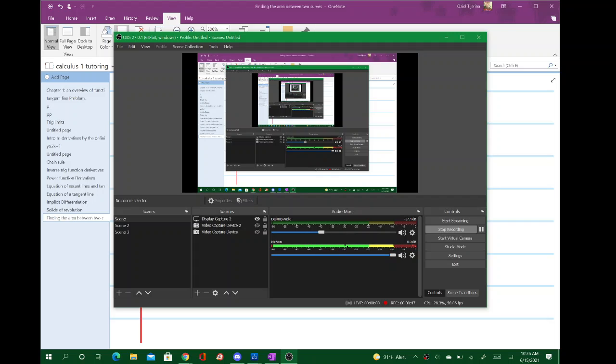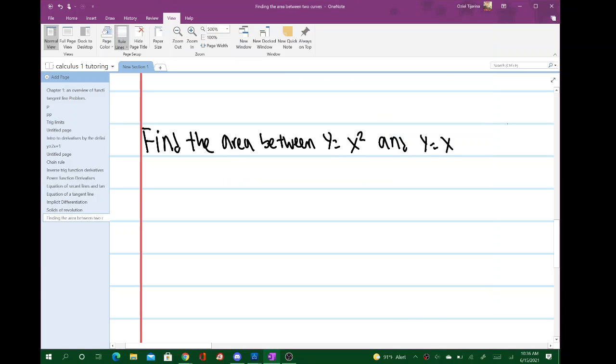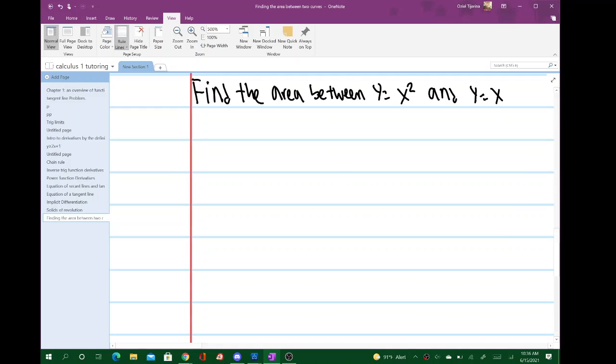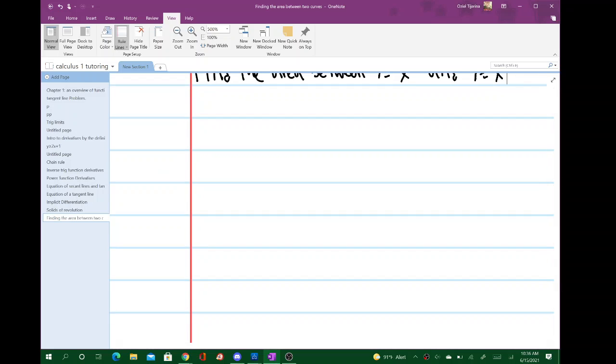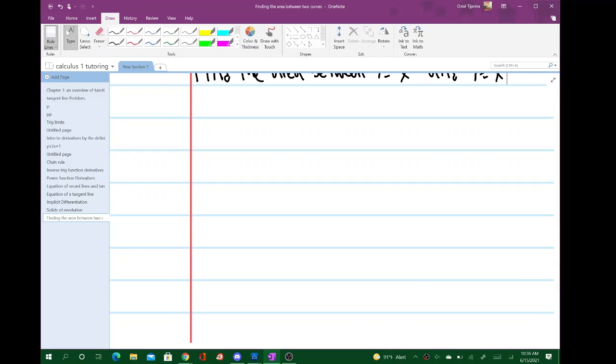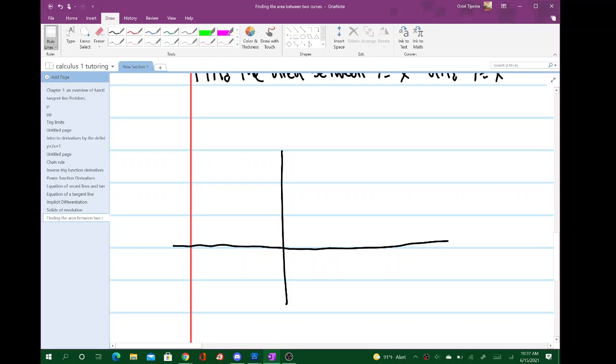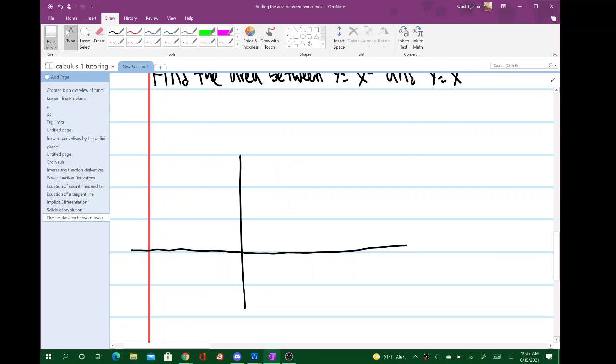So we want to find the area between these two curves, right? y equals x squared and y equals x. Now you can sketch it if you'd like. I don't think you would have to do a perfect sketch.